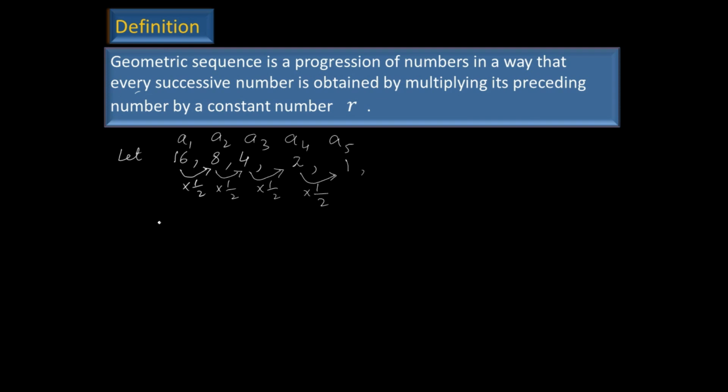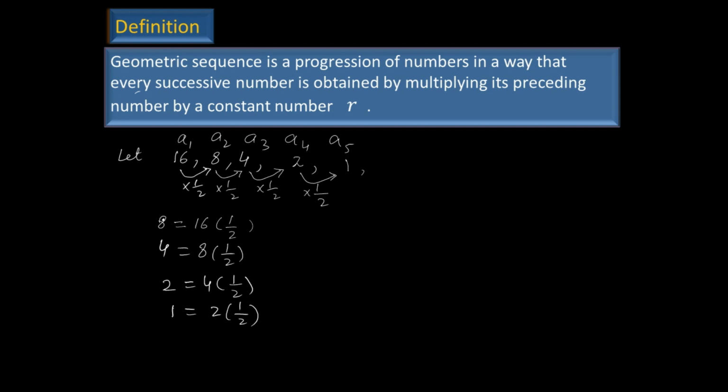So this is written: 8 is obtained by multiplying 16 with 1 by 2, and 4 is obtained by multiplying 8 with 1 by 2, and 2 is obtained by multiplying 4 with 1 by 2, and 1 is obtained by multiplying 2 with 1 by 2.